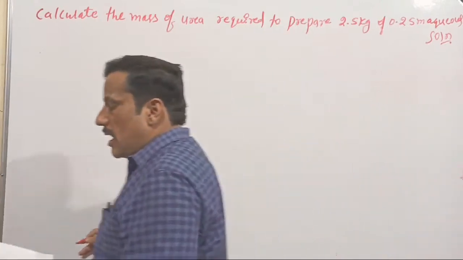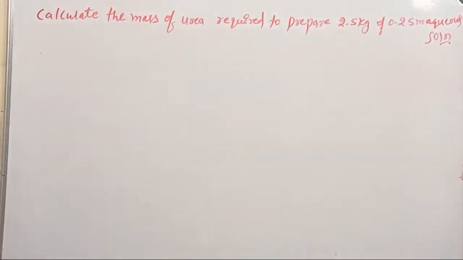I read out: Calculate the mass of urea required to prepare 2.5 kg of 0.25 molal aqueous solution. Okay, this is a problem. This is an NCERT problem, in-text problem.